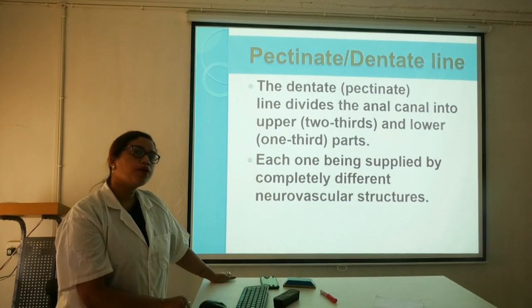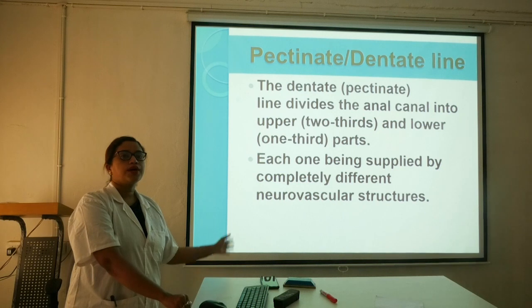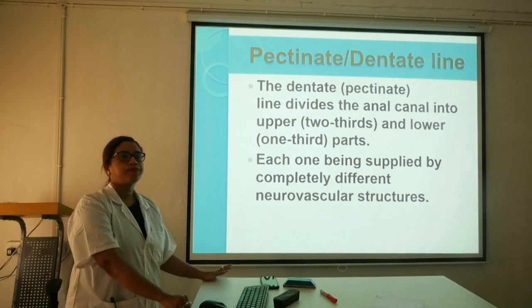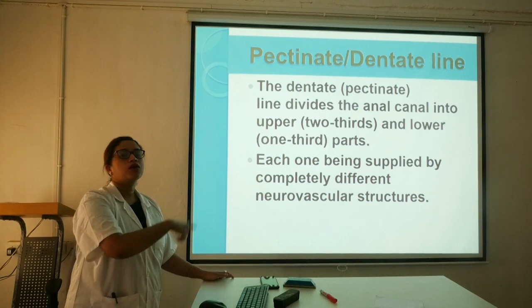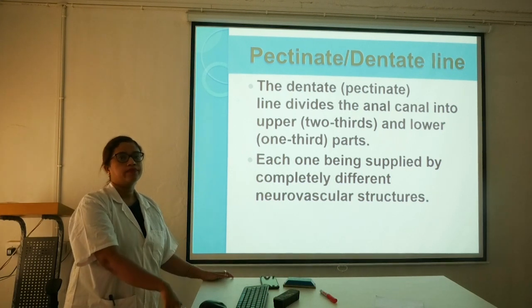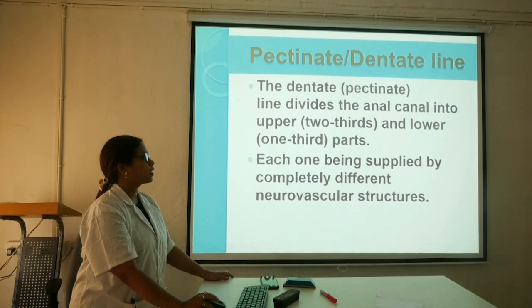That means the blood supply would be different, and the nerve supply would also be different. So that's why it is divided into 2 parts. And it would be just above the columns of Morgagni.